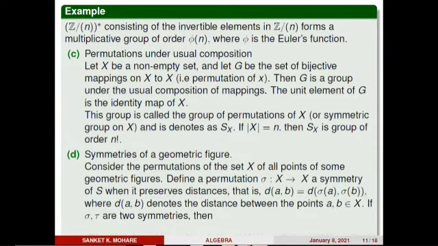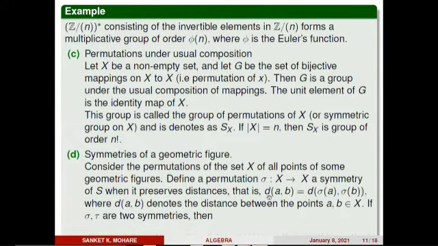Symmetries of a geometric figure. So consider the permutation of the set X of all points of some geometric figure. We define a permutation sigma from X to X. So this permutation is defined as a symmetry of S when it preserves distances.